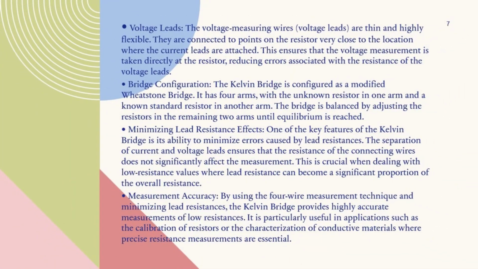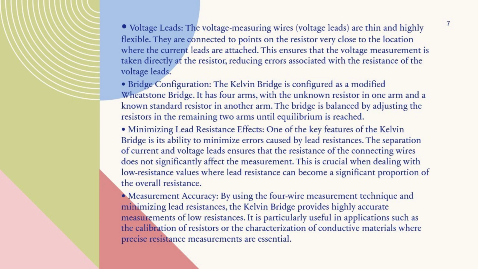The third is voltage leads, where the voltage measurement wires are thin and highly flexible. Fourth is bridge configuration, where the Kelvin bridge is configured as a modified Wheatstone bridge.